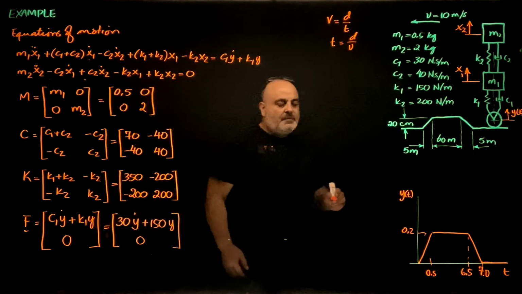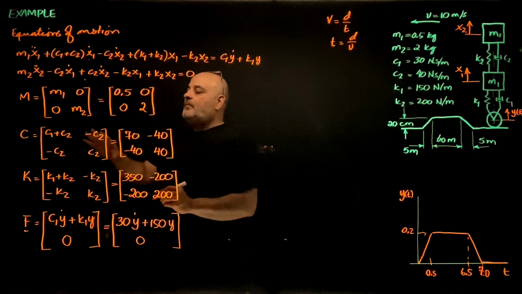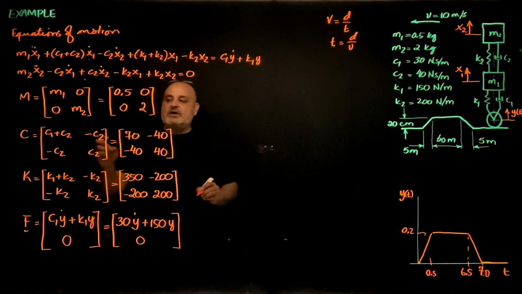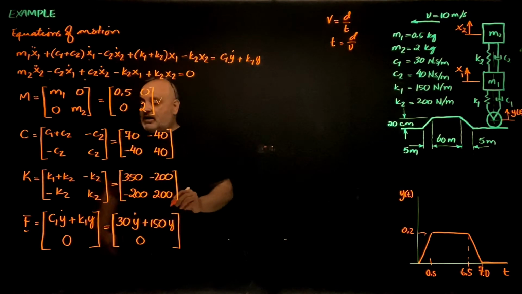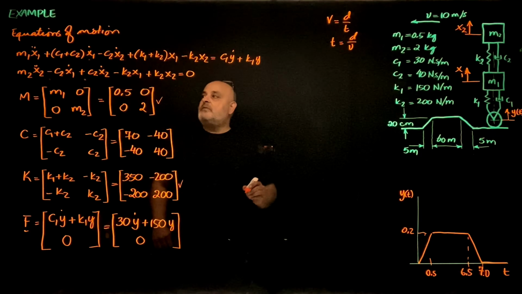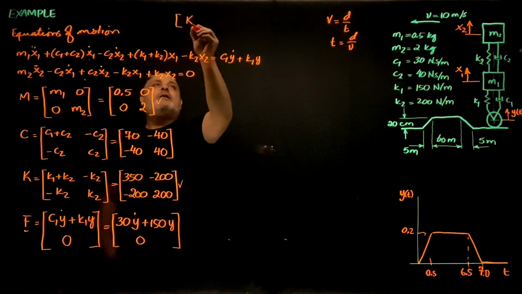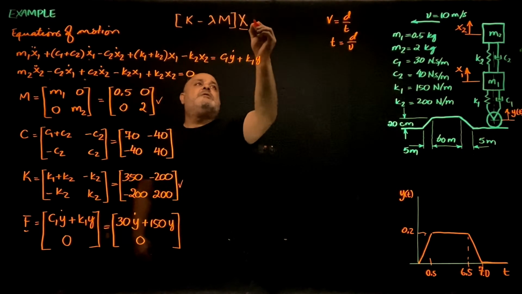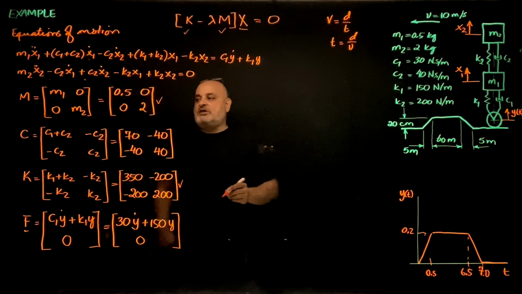Now, first I need to solve the eigenvalue problem for the eigenvalues and the eigenvectors. I have the inertia matrix and I need the stiffness matrix only, because my eigenvalue problem is (k minus lambda m) times x equals 0. So only the stiffness and the inertia matrix.